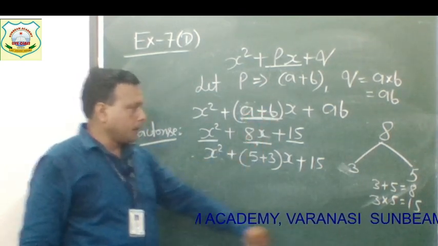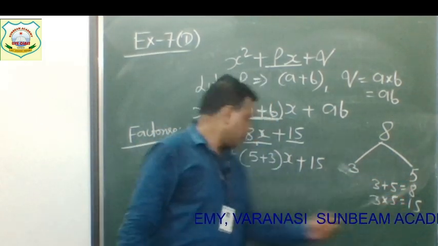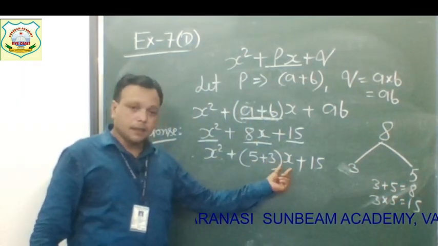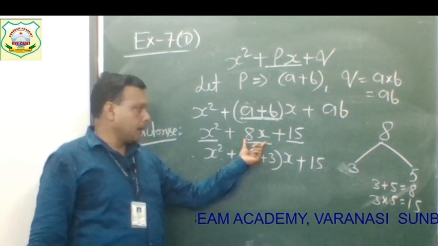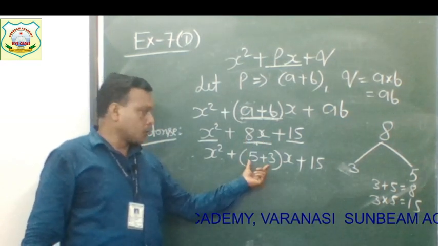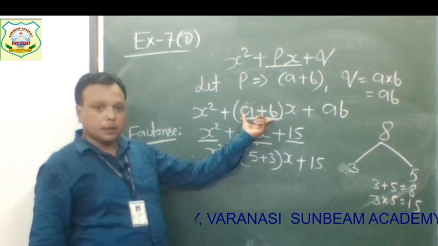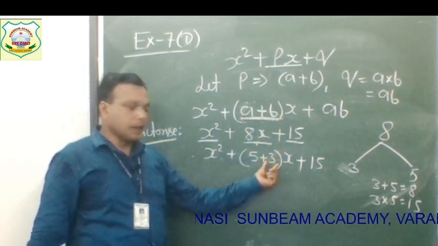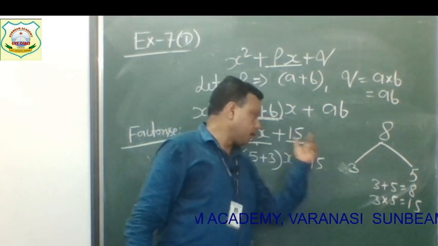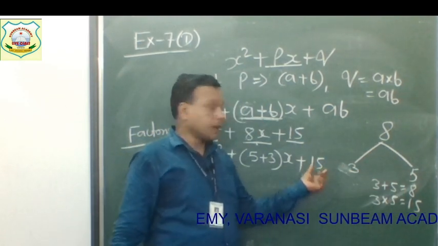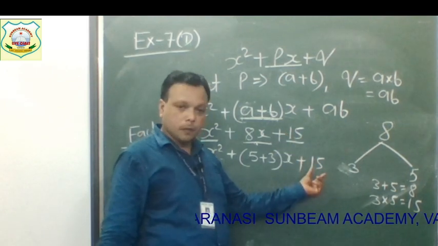So, 8x should be 3 and 5. So, we write 5 plus 3 here with x, and we show how we have split them, because we have shown here a plus b. So, a is 5 and b is 3, then x plus 15. It is not saying to split the value, write the split value.